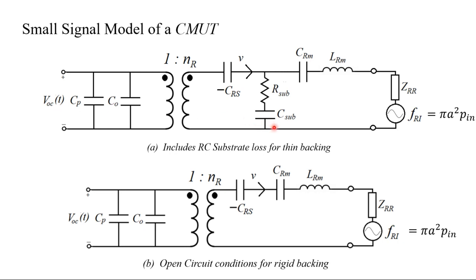So the only difference in these two receiver circuits is that for rigid backing you have the open circuit conditions. In part A, you have this RC shunt branch across the transduction force, which models the damping of elastic waves in the solid medium.